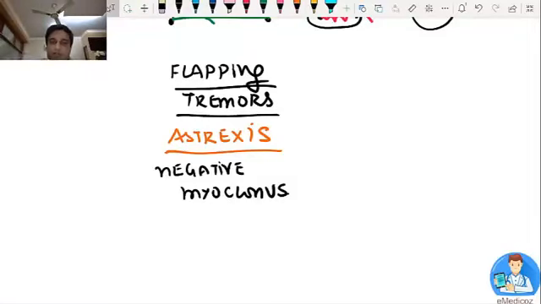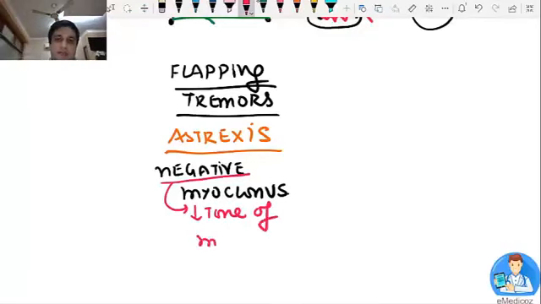So what makes it go down is a sudden decrease in the tone of the muscles of the hand. Now look at the word negative. The word negative means a sudden decrease in the tone of the muscles which are holding a limb in a particular posture. The word negative came because the tone in the muscle group suddenly decreased. Because in myoclonus, all the time we find there is an increase of tone. It is always positive, while this is on the other spectrum, negative.